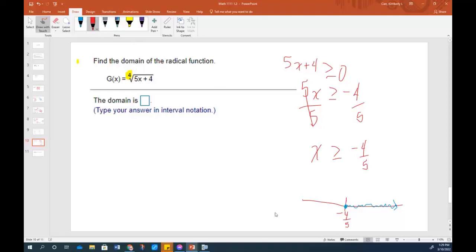So my interval notation, starting at the least okay number I can use, the smallest one is -4/5. And it does include -4/5. So I put that bracket there. And it heads to the right forever, so it's headed to infinity, and infinity always gets parentheses. It's always open at infinity.